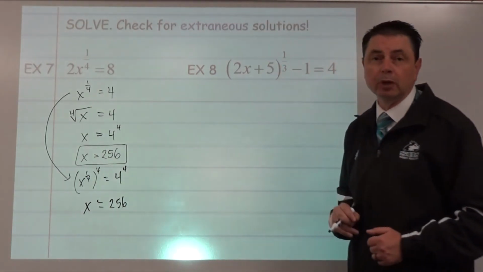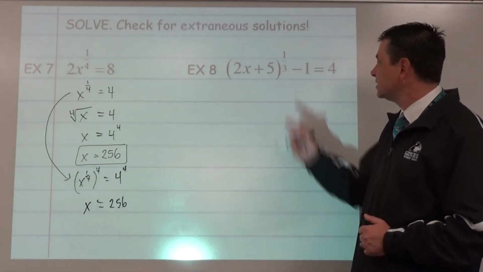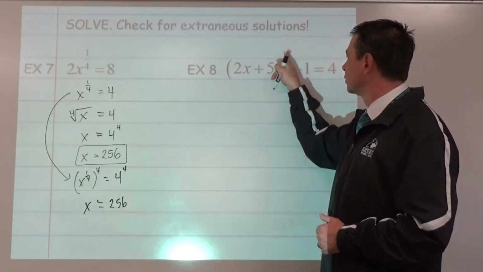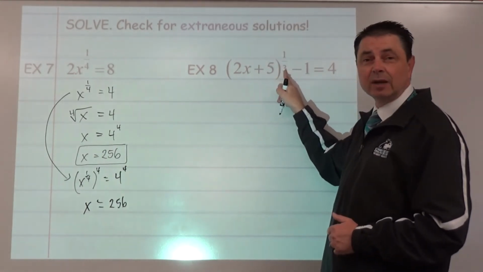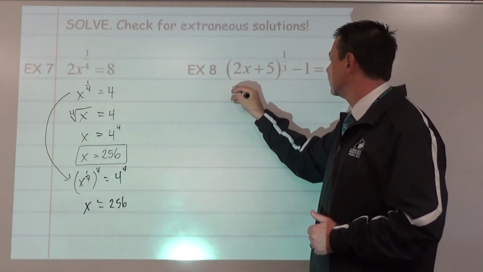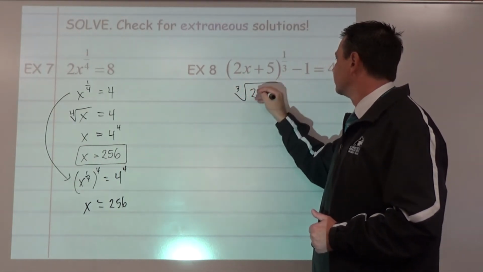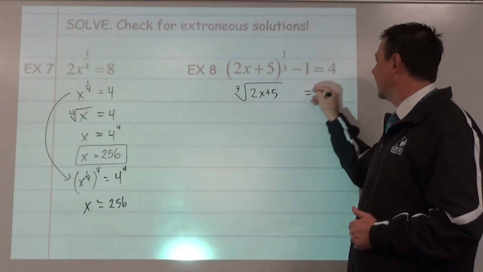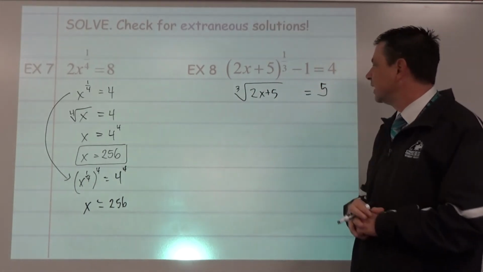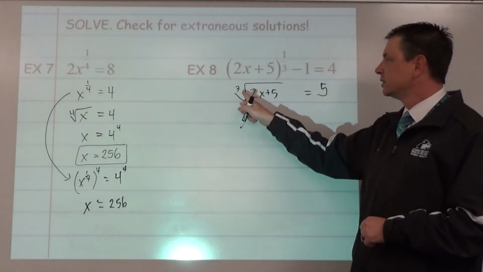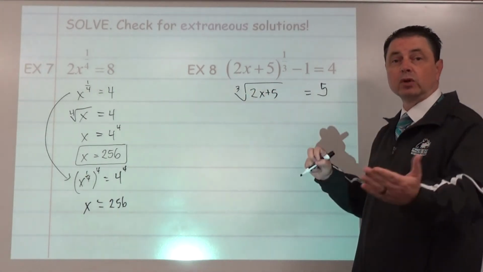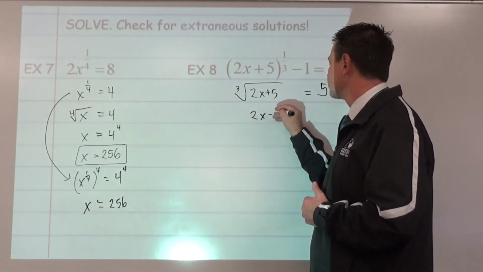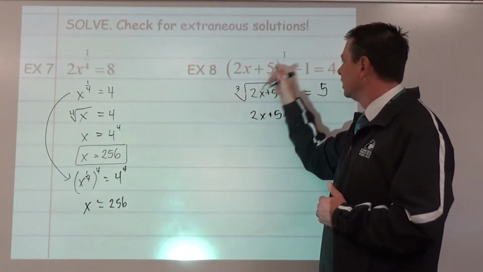Use a similar approach here on example number 8. If we wanted to, we could rewrite this as a cube root. The denominator is 3, so the index is 3. Cube root of 2x plus 5. To undo subtraction, we're going to add 1 to both sides. To undo cube root, the inverse would be cubing. So 2x plus 5, I'm going to raise to the 3rd power.